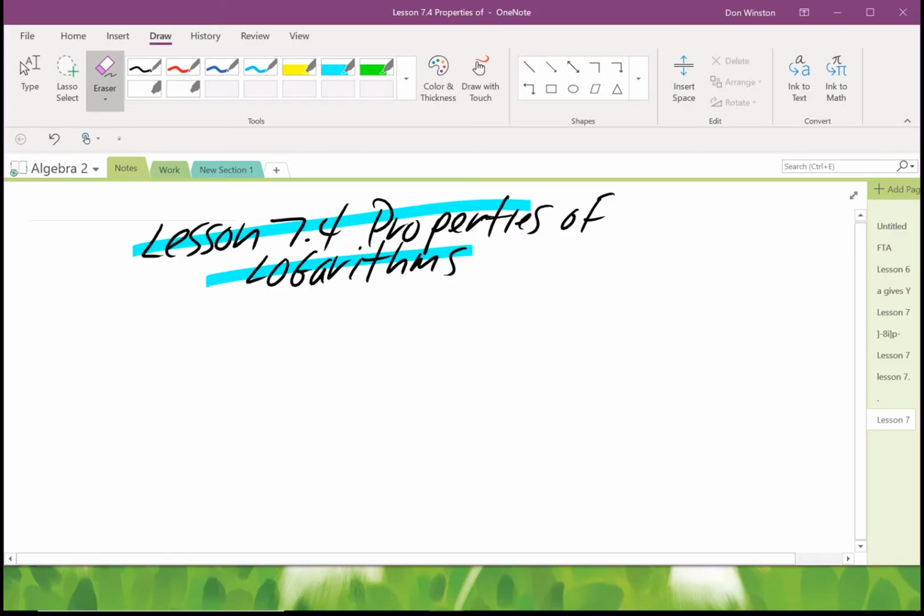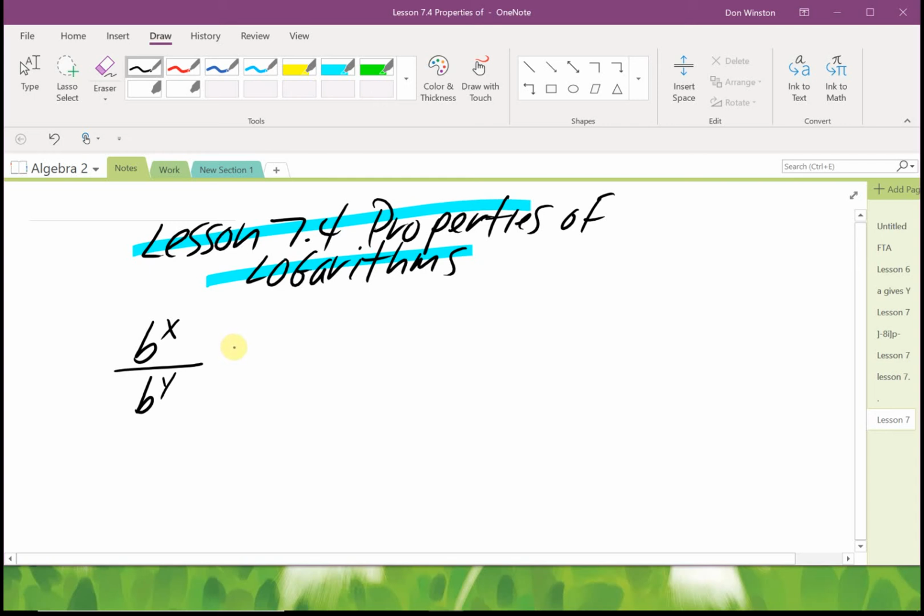Okay, good morning, everybody. The second property of logarithms we're going to look at is called the quotient property of logarithms. But like before, it's best to review properties of exponents. So just to recall, if I have a power, b raised to the x, and I divide that by another power with the same base, b raised to the y, when we have one power divided by another power, we subtract the exponents.